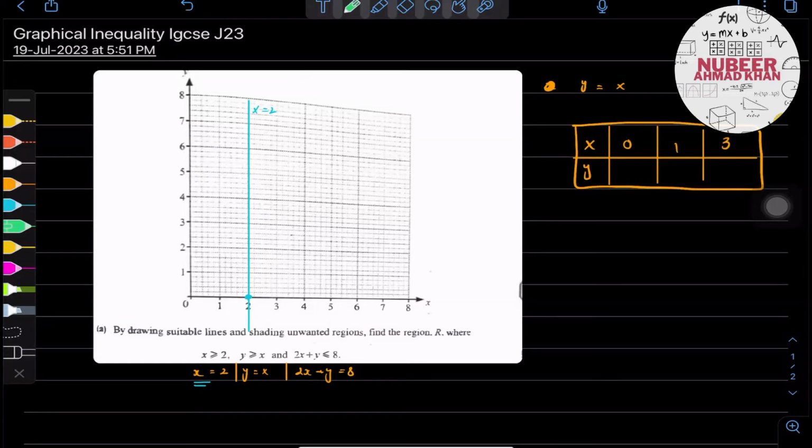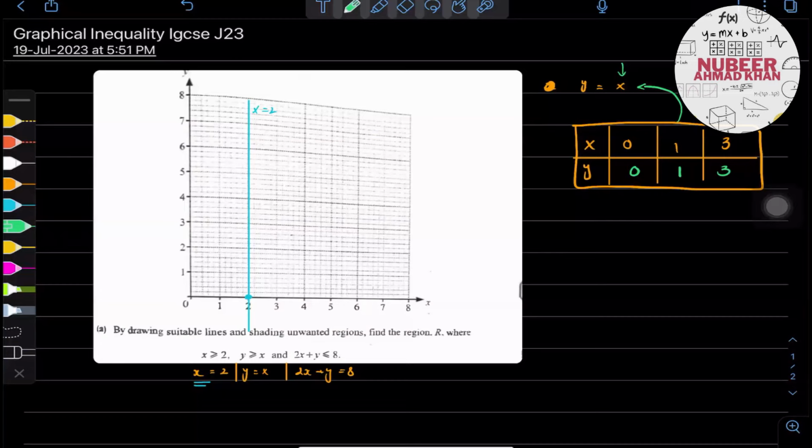Okay, one by one we are going to substitute these values into the equation. So substitute करो. When I substitute 0 in place of x, so y की value क्या बनती है? 0. When you substitute 1, what would be the value of y? 1. And when you substitute 3, the value would be 3.